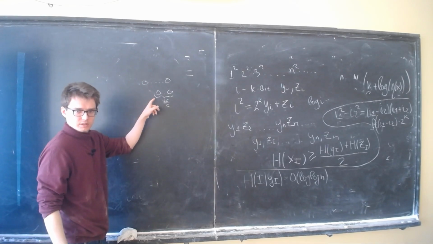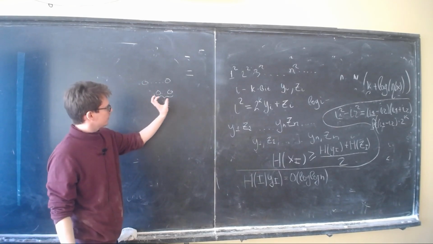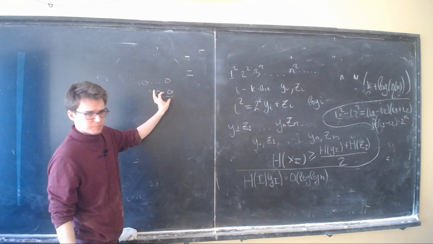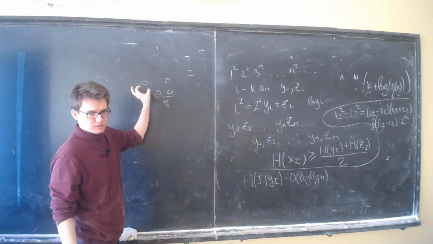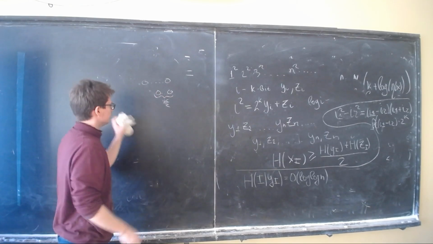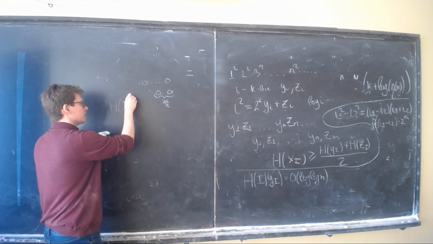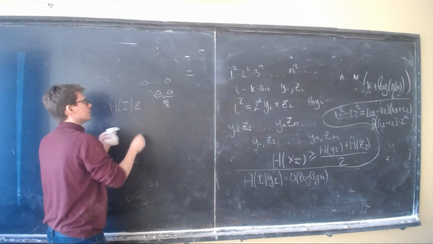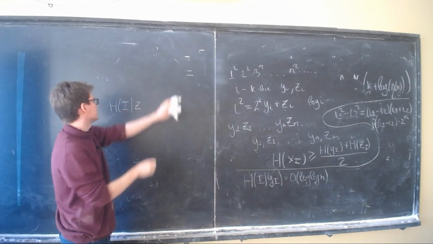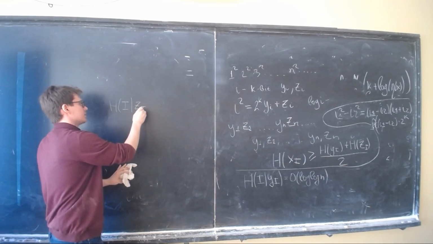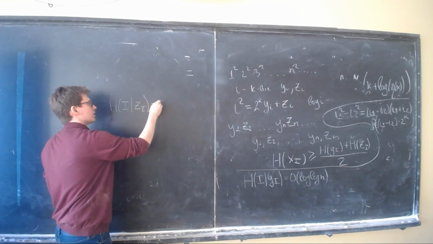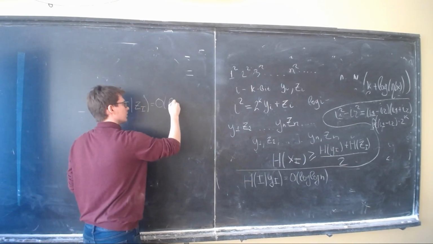But the point is that this happens very rarely. So my goal is to show that the entropy of i given z_i is O of log n.